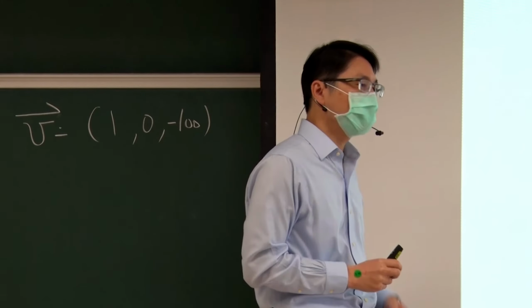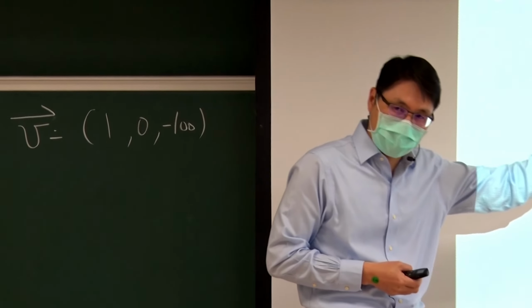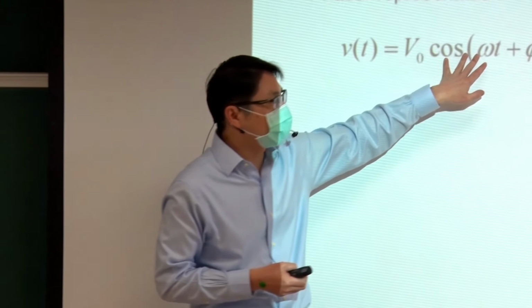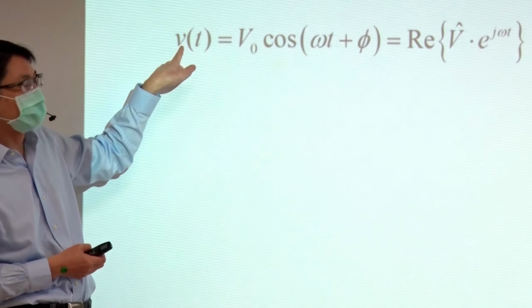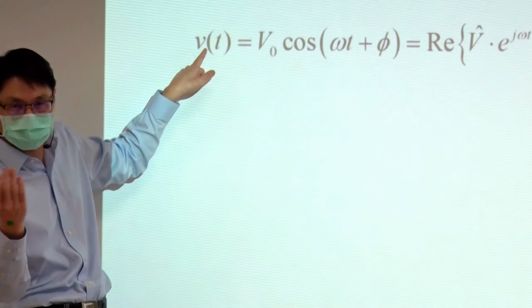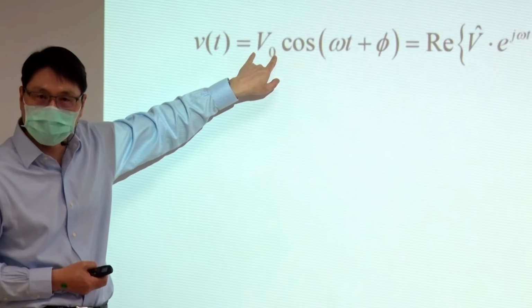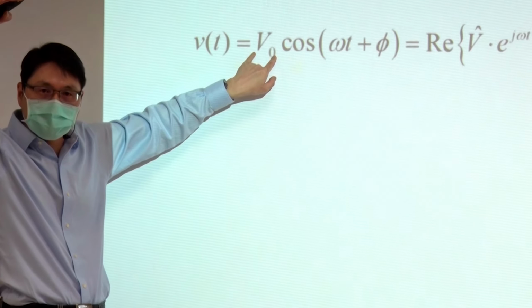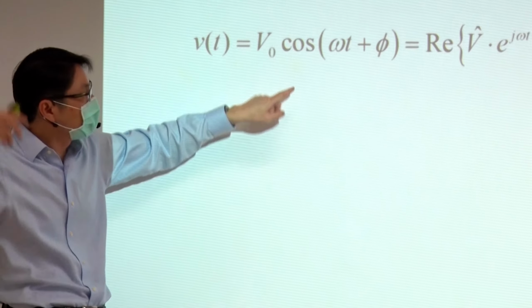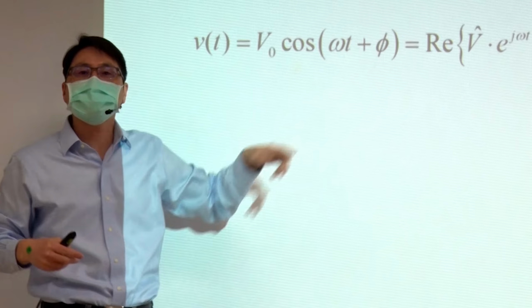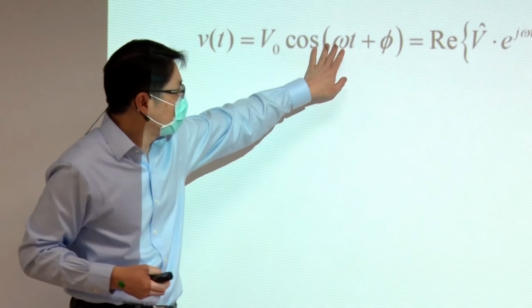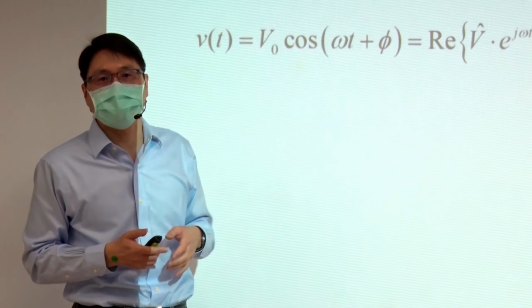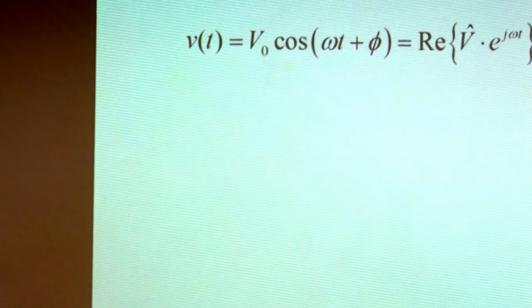Okay? So again, let's start with math. You have a time varying function. For example, you have a voltage as a function of time. You have the amplitude, the maximum value you can ever achieve, and its oscillation in time follows the cosine relation. Omega is the angular frequency, 2 pi times f.